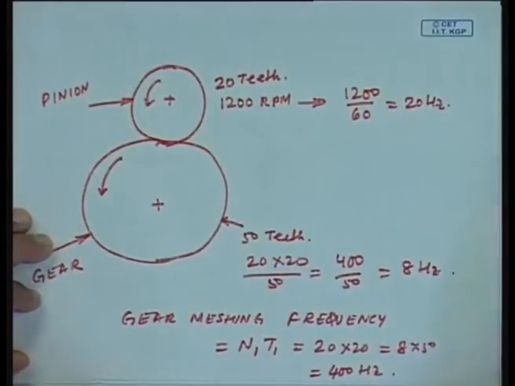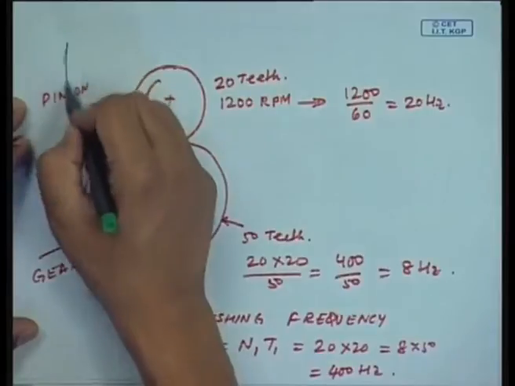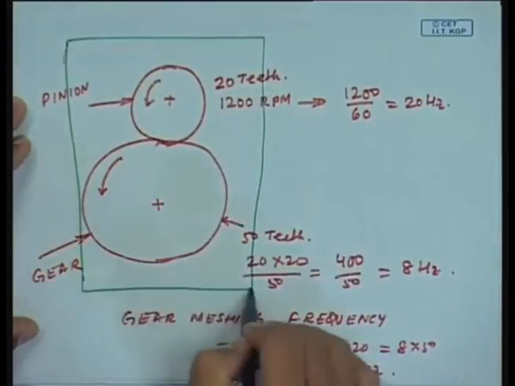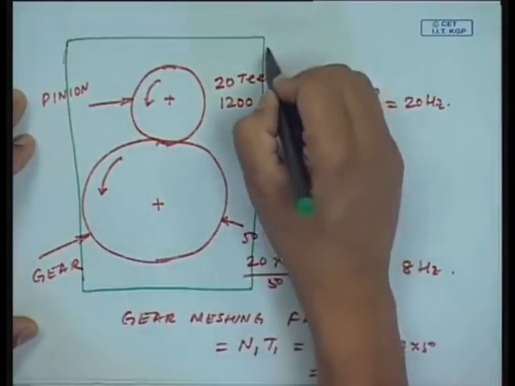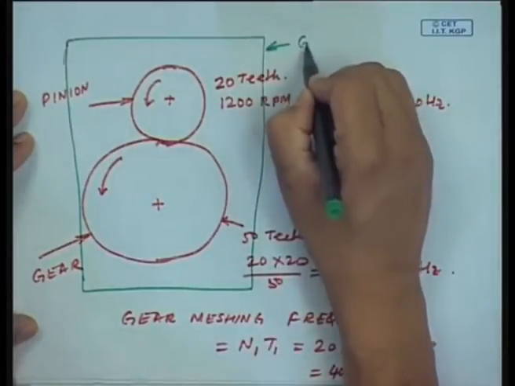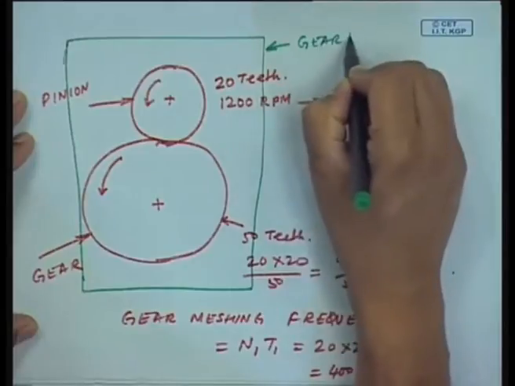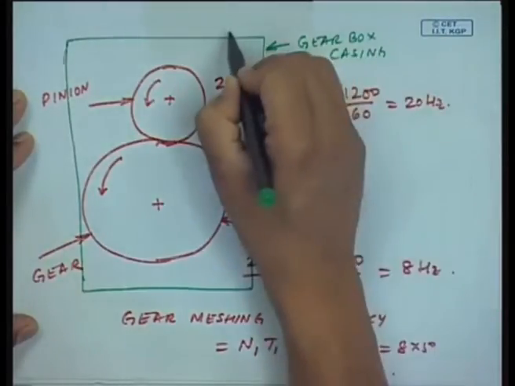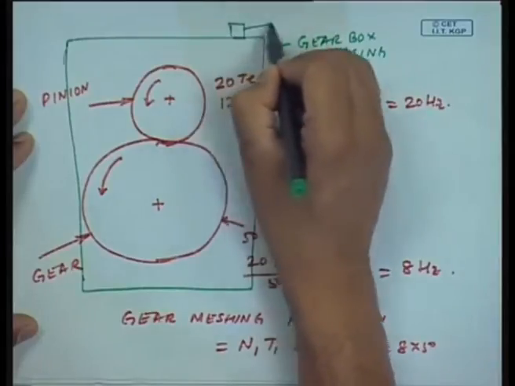Now, suppose for the sake of measurements, I put this set in a gearbox. This is the gearbox casing, and I put one transducer.